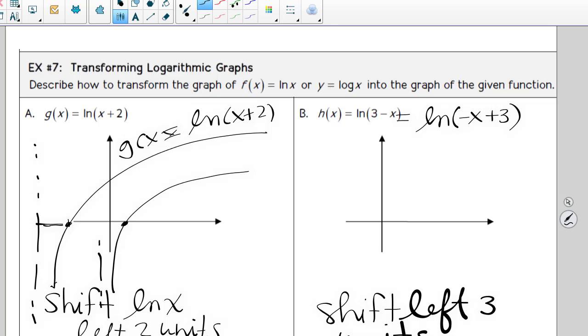Let's say this is my basic graph. We got a point at 1, 0, and it's going to look something like that. If I reflect this across the y-axis, then it's going to look like this. That's just the reflection because of the negative that's on the x.